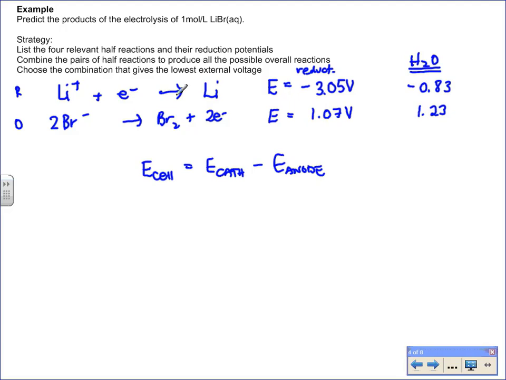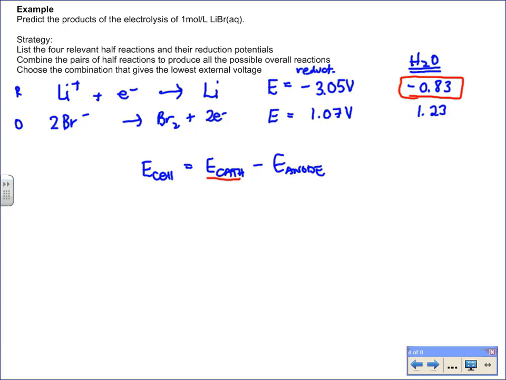So for our choice of reduction potential, we want the value that is the least negative, or the largest, because remember, we want the Ecell overall to be as close to 0 as possible. For this part, we have a choice between negative 3.05 or negative 0.83. The larger one is going to lead to an Ecell that's closer to 0.